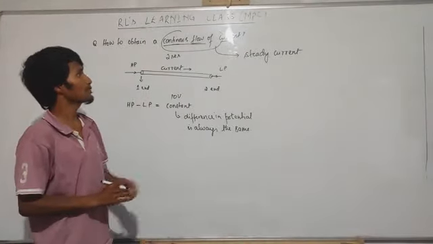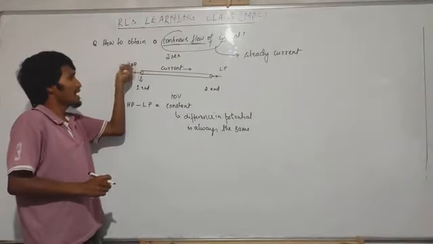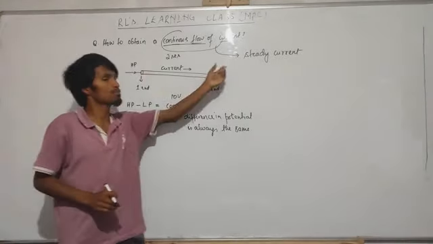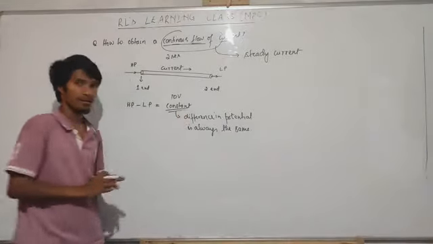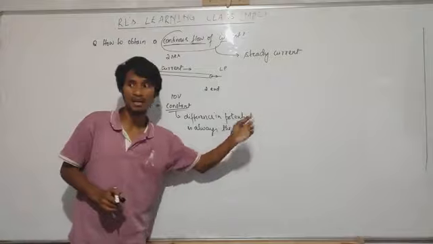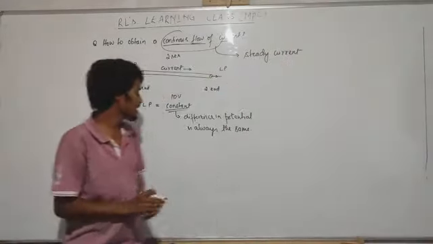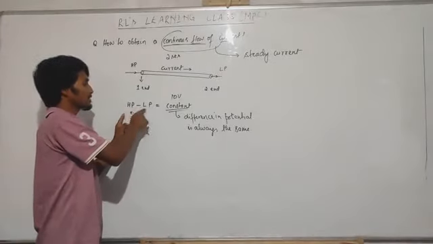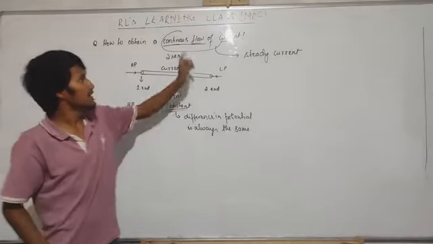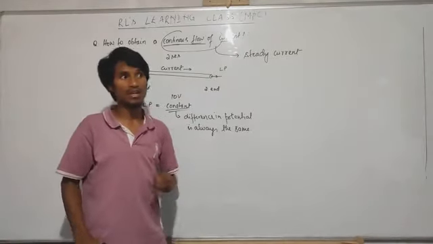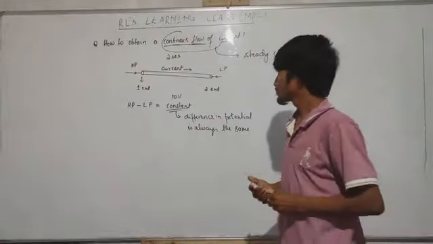The difference between the highest potential and the lowest potential should always be constant, so that the current is steady. Otherwise, if the difference varies, the current won't be steady. It will change to varied current or instantaneous current.